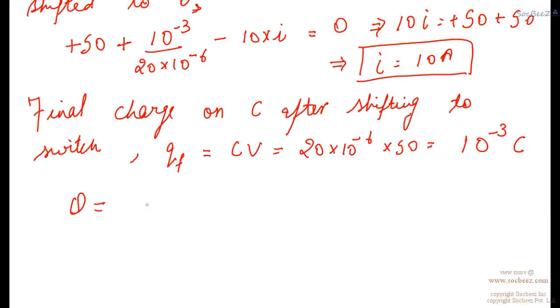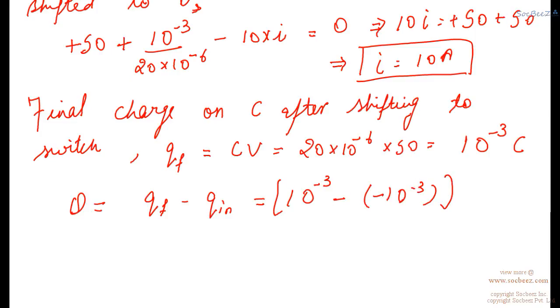Therefore, total charge transferred is Q final minus Q initial, which is equal to 10 raised to the power minus 3 minus minus 10 raised to the power minus 3 coulomb. So Q equals 2 into 10 raised to the power minus 3 coulomb.